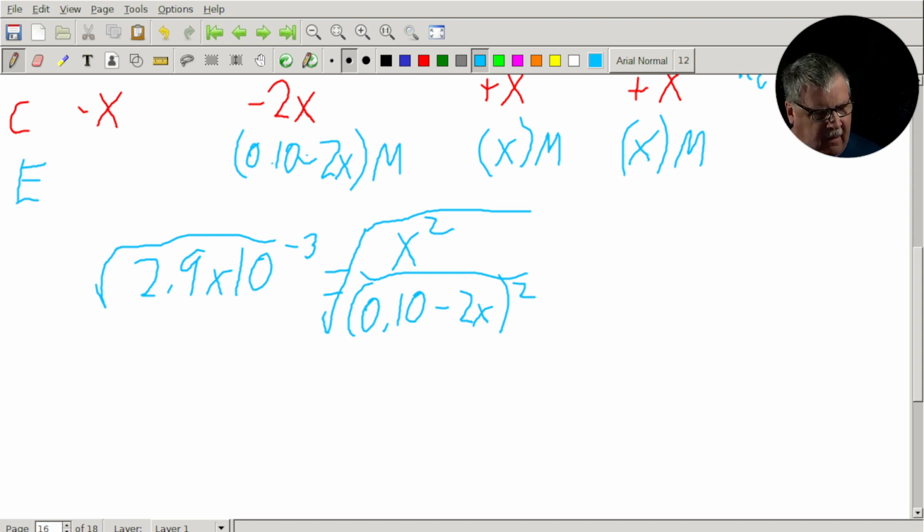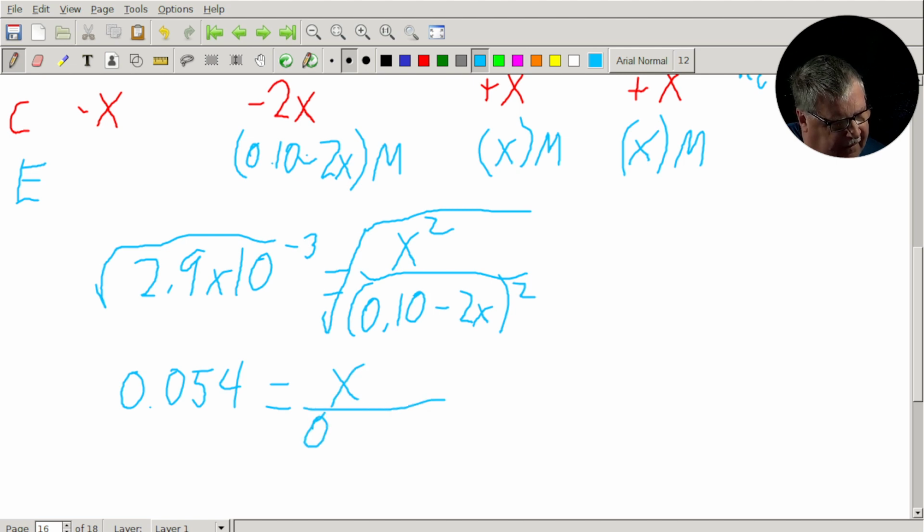All right, so the square root of 2.9 times 10 to the negative third, I get 0.054. So I get 0.054 is equal to x divided by 0.10 minus 2x.